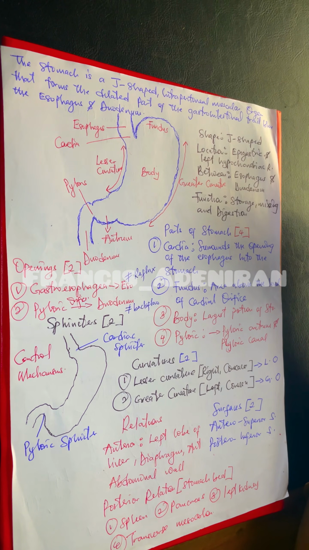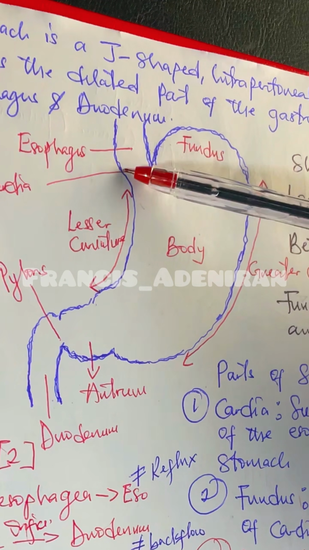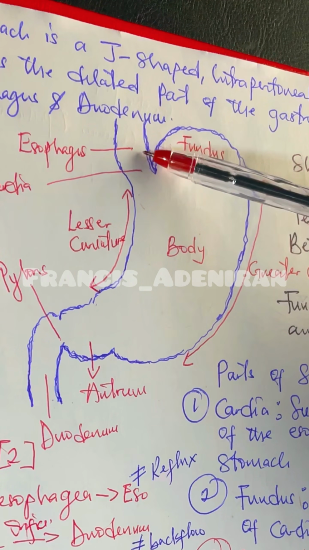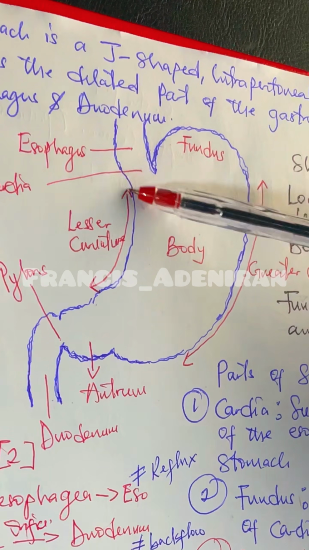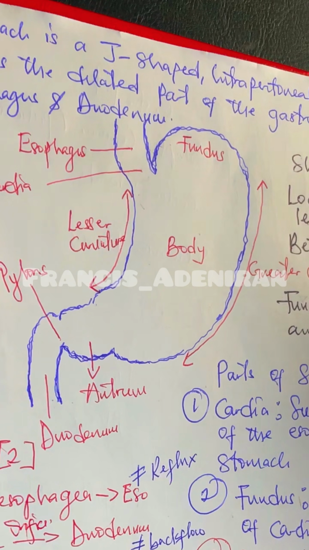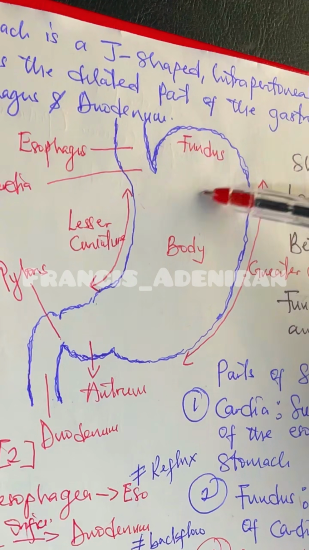The stomach is divided into 4 parts. From this diagram, the first part is the cardia, and this cardia surrounds the opening of the esophagus into the stomach. The second part is the fundus of the stomach. This fundus is the area above the level of the cardiac orifice.